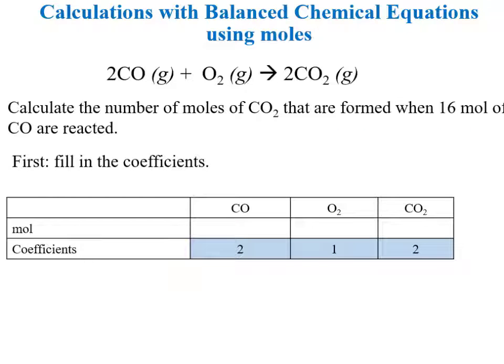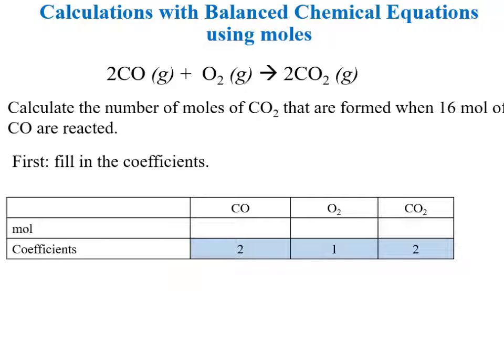We can represent this reaction in a table format, as you can see, by listing all the chemicals that appear without the stoichiometric coefficients and reporting the coefficients in a separate line.